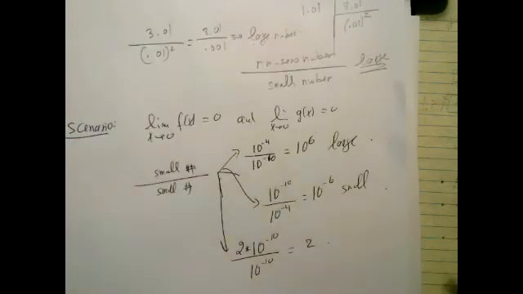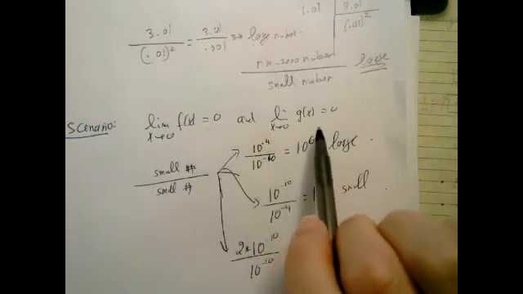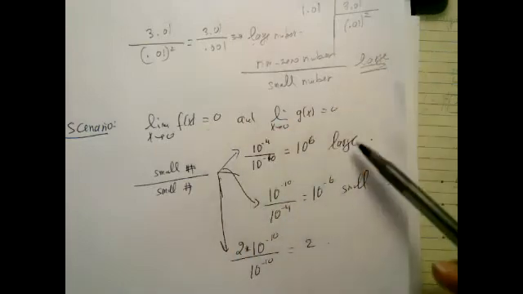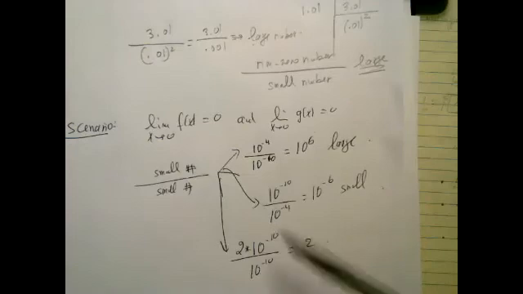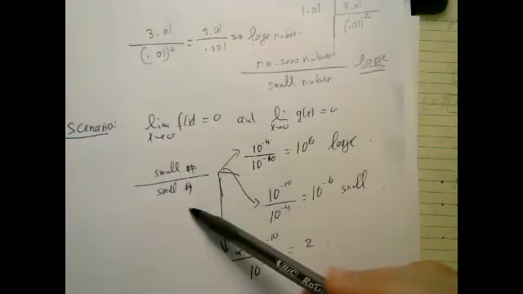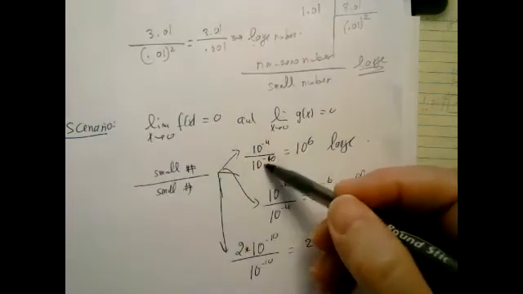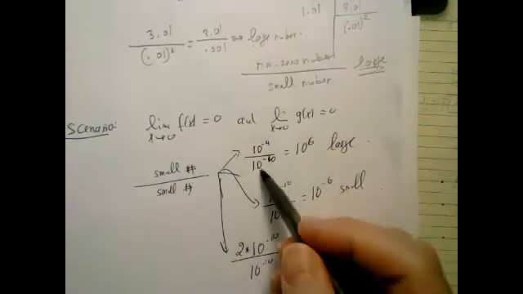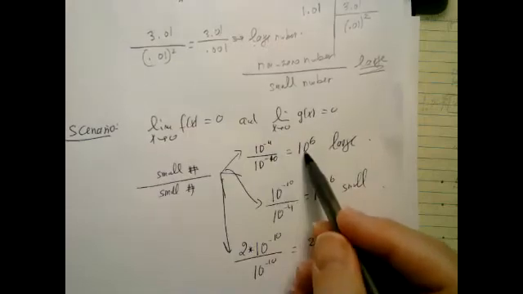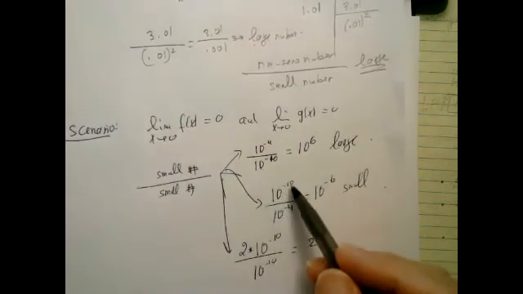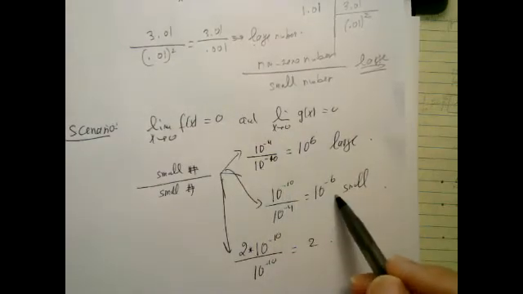So when the numerator and the denominator both become very small, I actually have no idea what's going to happen to the ratio. It could be large, it could be small. It really depends on which one is smaller. If the denominator is way, way smaller, it's going to blow up. If the numerator is way smaller, then we're going to have a small number.